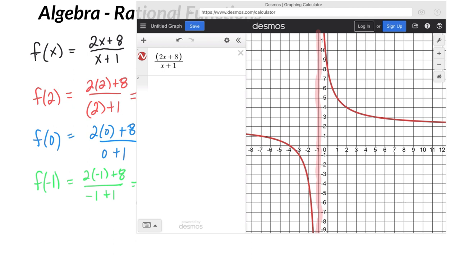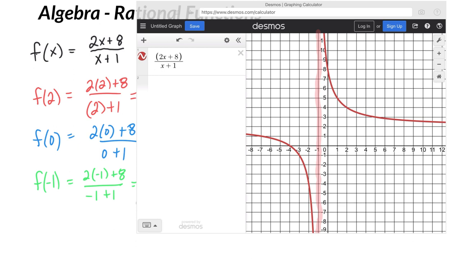A vertical asymptote is a number that we would plug in that would cause our function to be dividing by 0. And what happens is that as you plug in numbers closer and closer to negative 1, but just above negative 1, we end up dividing by very small positive numbers, and therefore we get very, very big. If we plug in numbers that are very close to negative 1 but below negative 1, we end up dividing by very, very small numbers that are negative, which gets us large negative values, or very, very negative values.